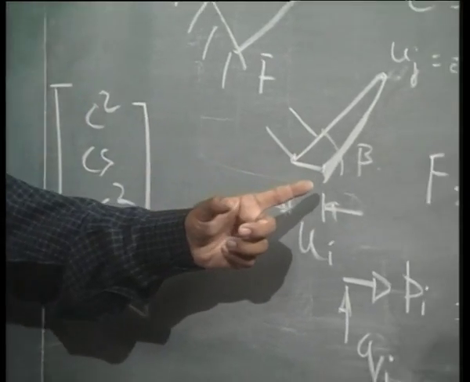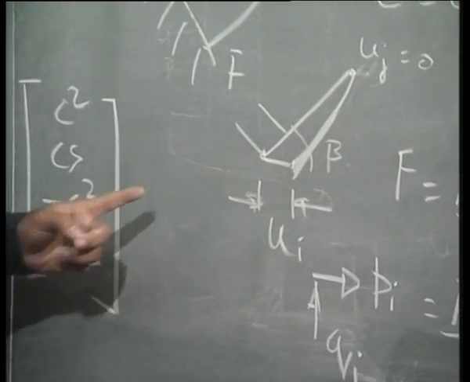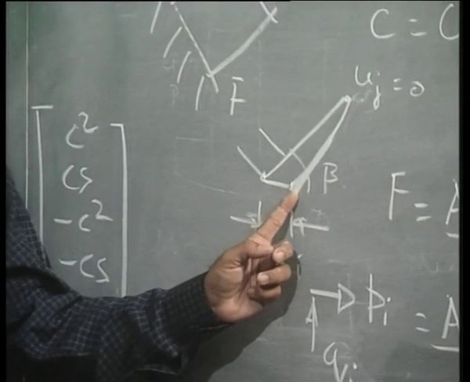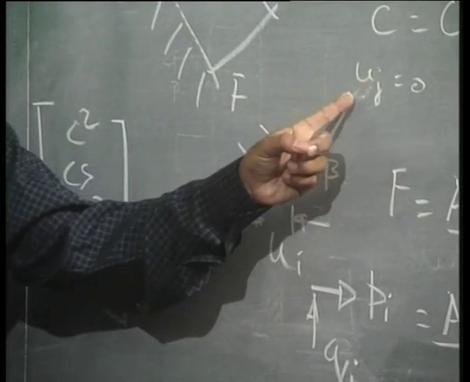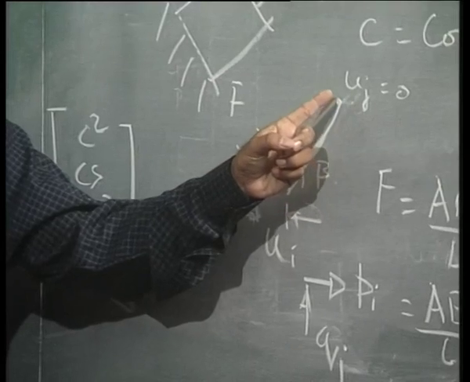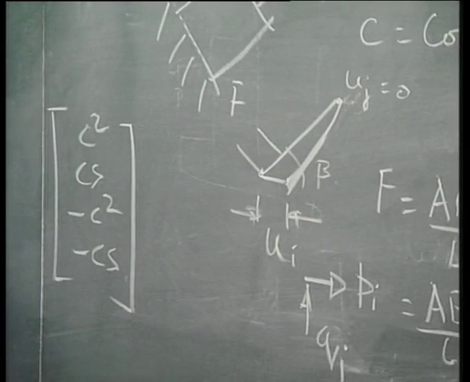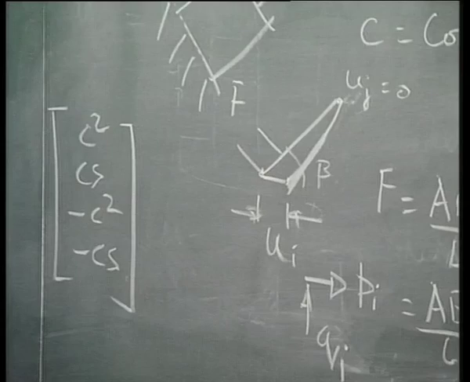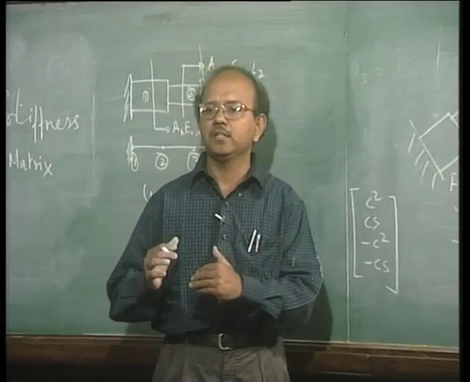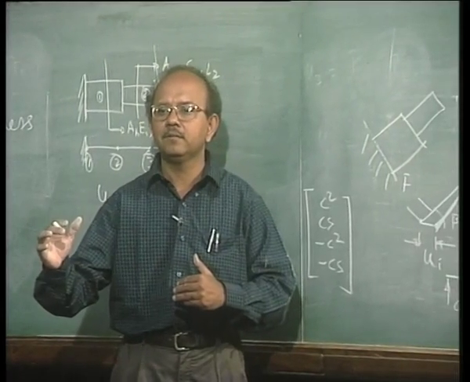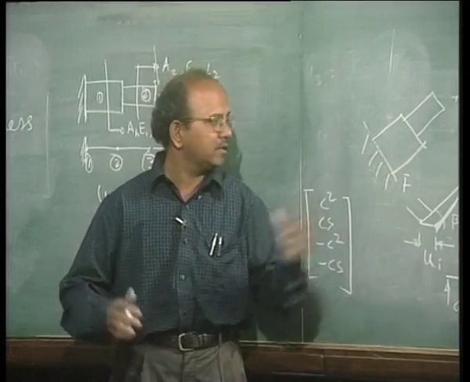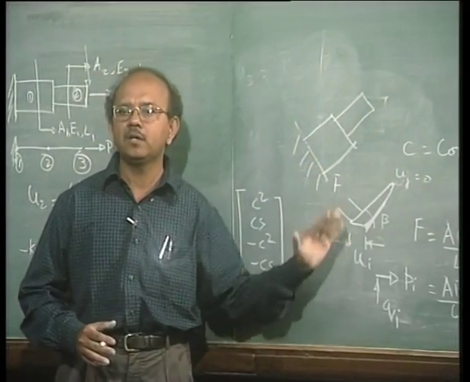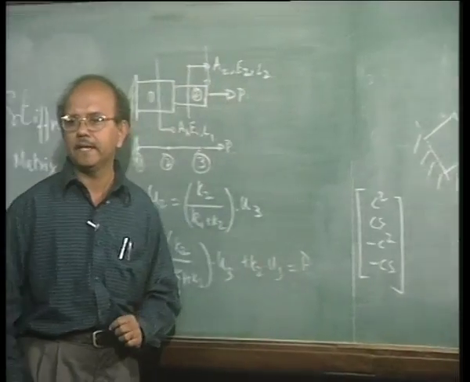Please note now that we call this 4 degrees of freedom, 2 in the x and y direction for this node and 2 in the x and y direction for this node, though physically in actuality the bar only shortens or lengthens. So this displacement along the axis of the bar has been resolved, and that is what you get.